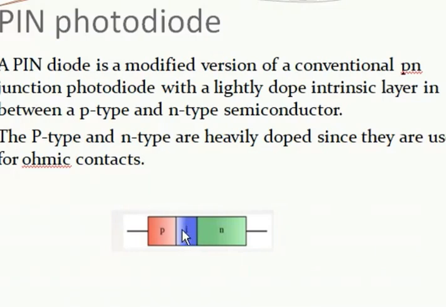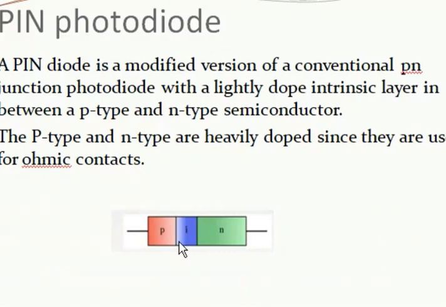So this n-type layer in the middle is doped so lightly that it forms an intrinsic layer, and the p and n-type layers at the sides are doped heavily. They are doped heavily in order to make ohmic contacts, or low resistance contacts.